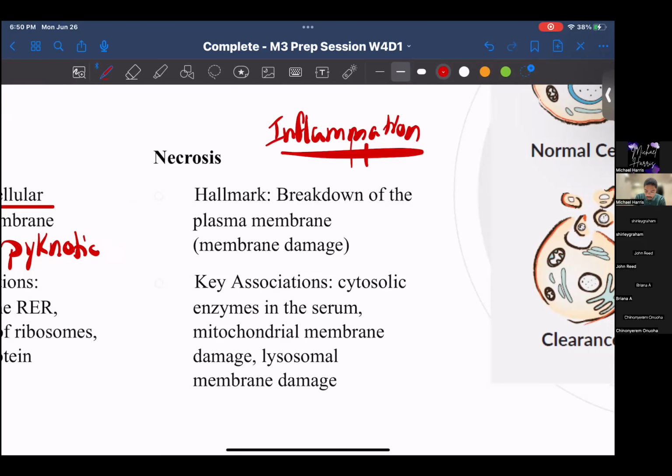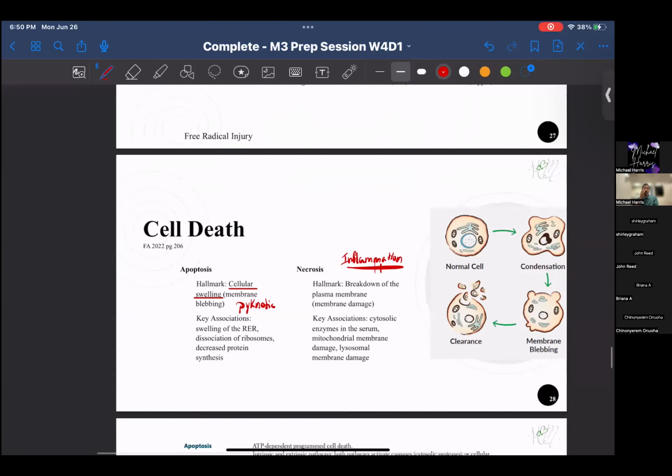So, here's my next question to you. Okay, you have tissue that is being targeted by CD8 cells. CD8 cells. Do you have inflammation with necrosis, or do you have apoptosis?